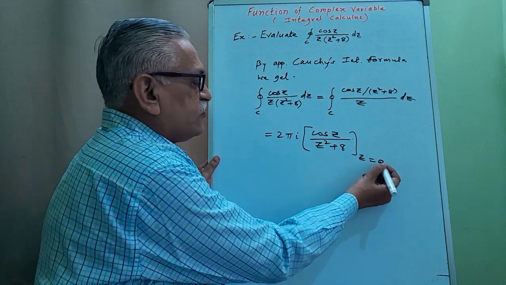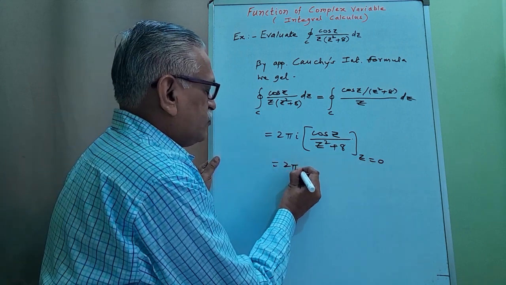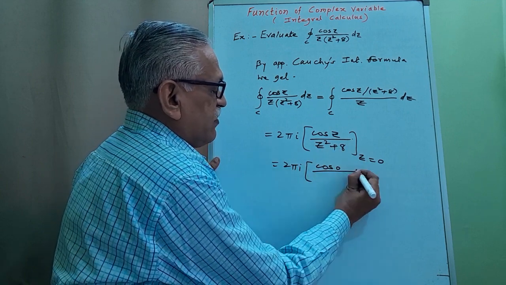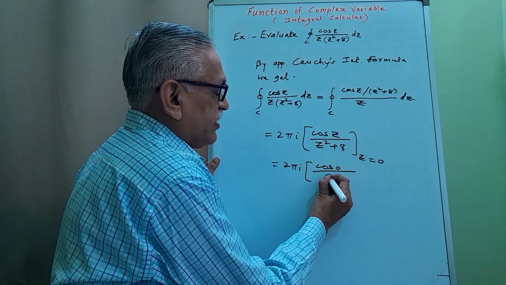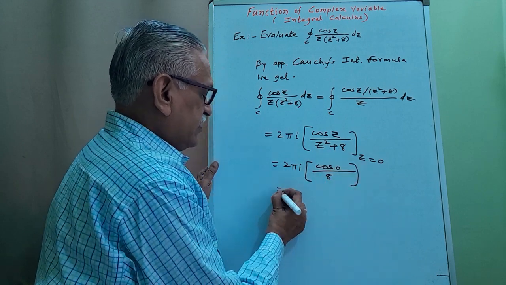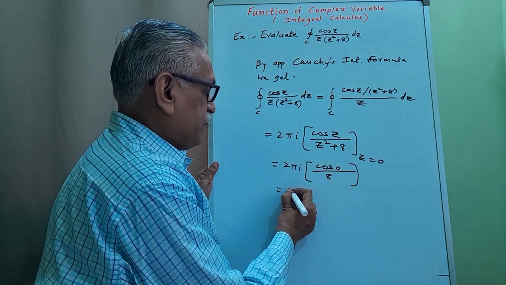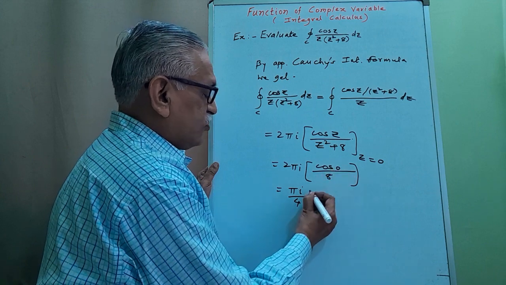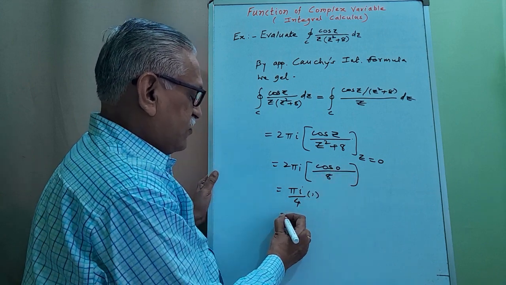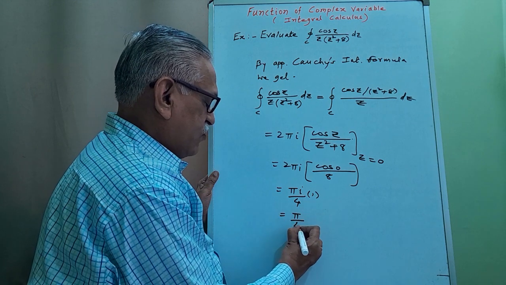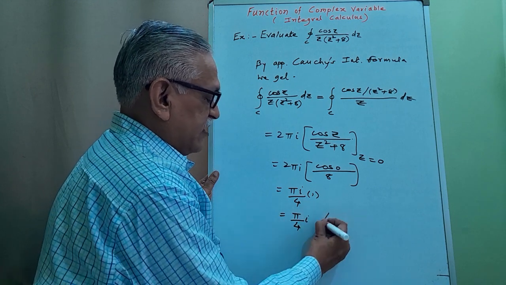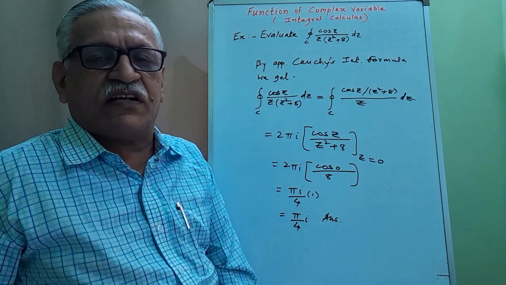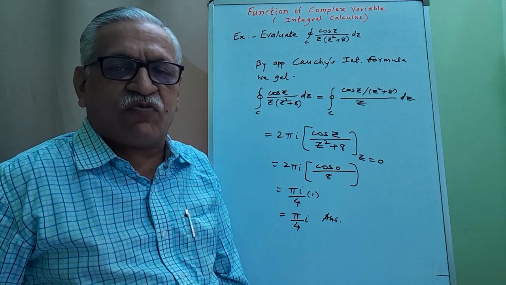Substituting z equals 0, we get 2 pi i times cos 0 divided by 0 plus 8, which is 8. So it is 2 pi i by 8, which gives pi i by 4, since cos 0 is 1. Therefore, the value is pi by 4 into i, as the answer or the value of the contour integral by applying Cauchy's integral formula.